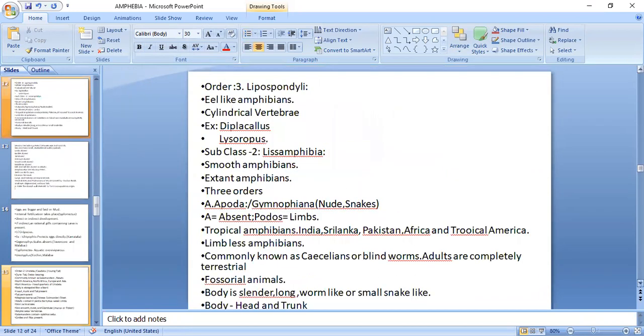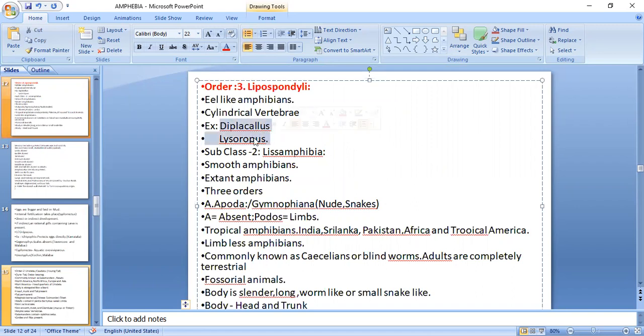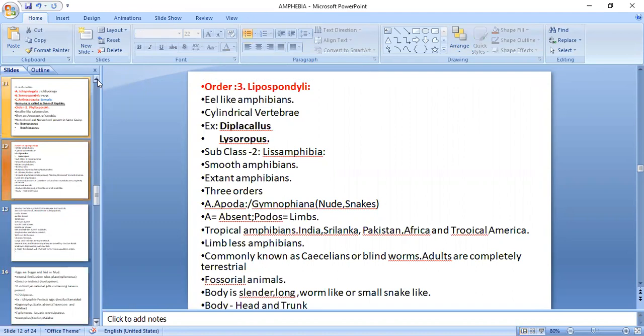The third order is Lipospondyle. They are eel-like amphibians with cylindrical vertebrae. Examples are Diplocaulus and Lysorophus. Out of these three orders, the Labyrinthodont amphibians are considered the stem of reptiles. We should remember the name.